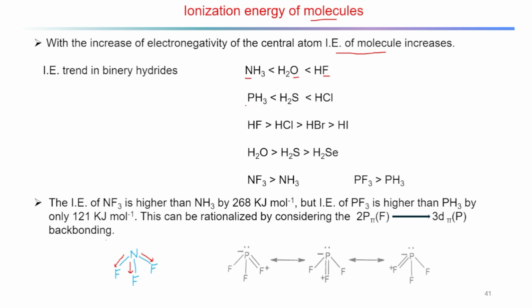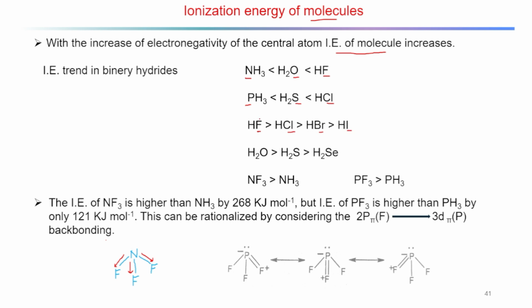Similarly, in the case of PH3, phosphorus is the central atom. Here, sulfur is the central atom. Here, chlorine you can consider as the central atom. And as we increase the electronegativity, the ionization energy of the molecule increases. Same trend you can see in case of these halo acids, fluorine, chlorine, bromine, and iodine.